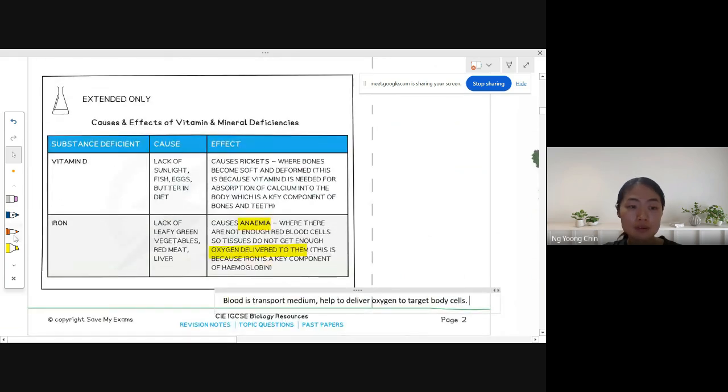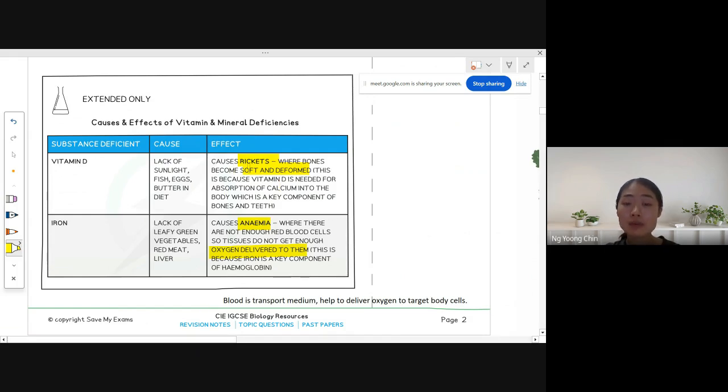It will lead to a deficiency called rickets, where the bone becomes soft and deforms. This is because vitamin D is needed for the absorption of calcium into the body, a key component for bones and teeth. Without enough vitamin D, your body is unable to absorb calcium to build strong teeth or bones.